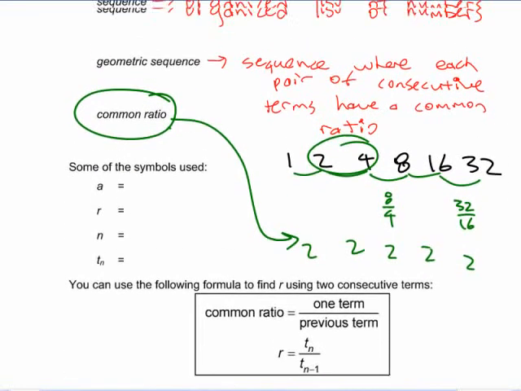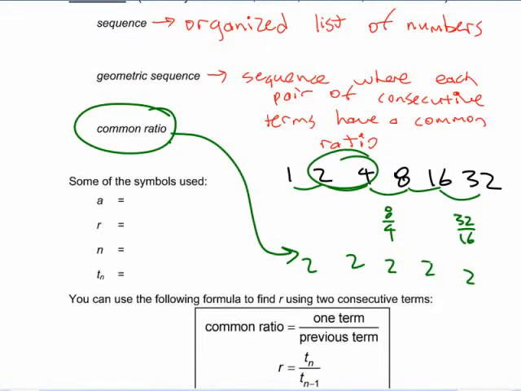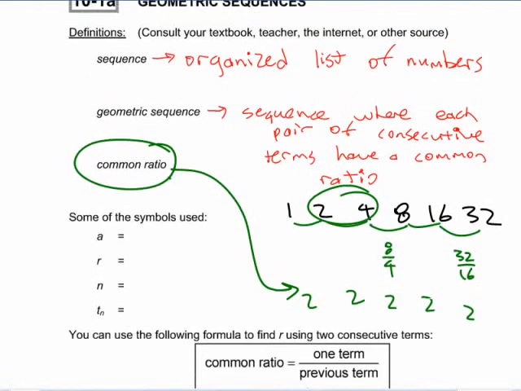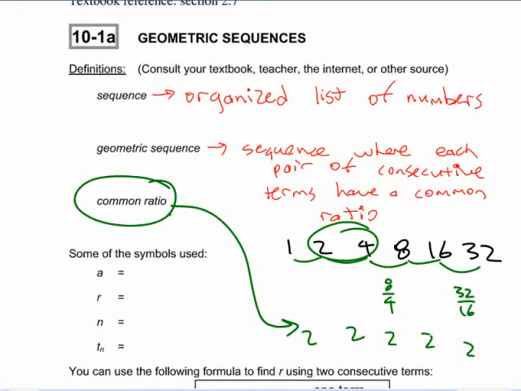Maybe we could put something down here that's not geometric and see why it's not. I'm going to move it up here, though. Let me put something up above here that's not geometric. Maybe 5, 10, 20, 60.